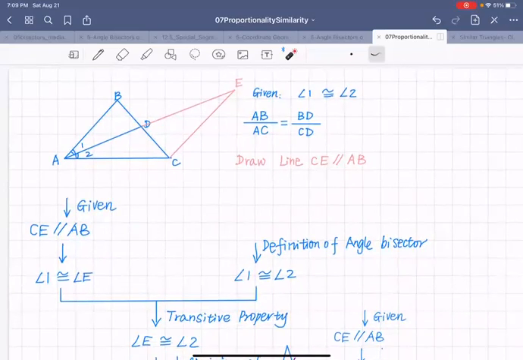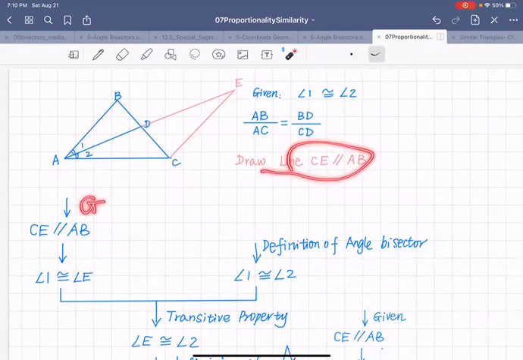Now, Felix, look at here. I'm going to ask you the reasons, okay? So first, I say CE parallel to AB. This is given, so I put given here, okay?